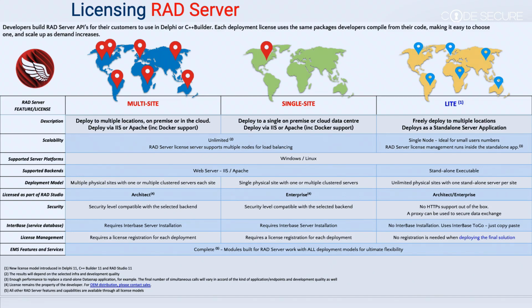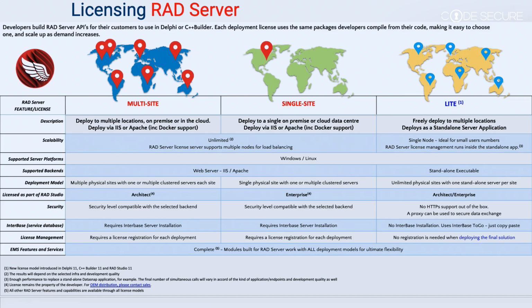For example, if you had an office in the UK, one in China and one in Spain, and you wanted different installations there, then you could use that license. The Lite Edition doesn't have any licensing restrictions on it. You can deploy that as much as you want. It's exactly the same as the full Server Edition. It just isn't really set to scale to massive quantities of users. But that said, you can still get some decent scale out of it. We've got people who are using 30, 40 people against it quite happily.